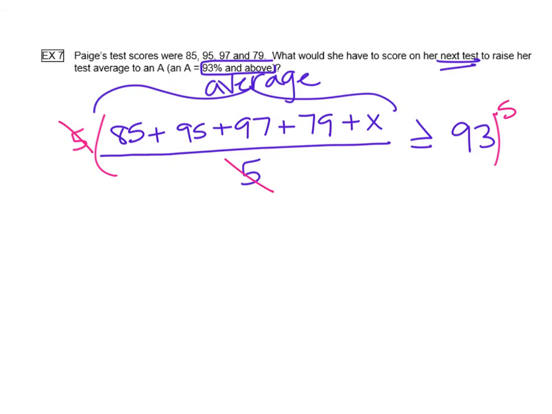So as I simplify this, I'm going to go ahead and add these together. All her current test scores that she already has adds up to 356. Well, yeah, this is good. Okay. 356 plus x. Now we got rid of the 5 already right there. So it's just 356 plus x is greater than or equal to 465.